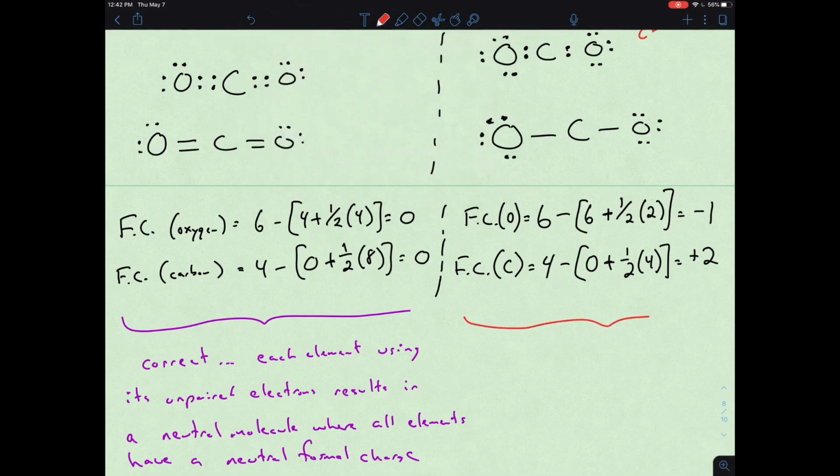That couples with the other side of the story where this is now incorrect.